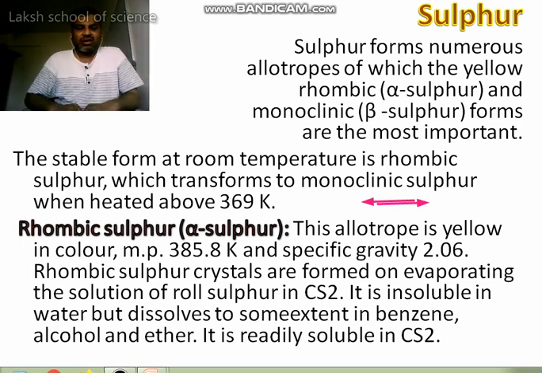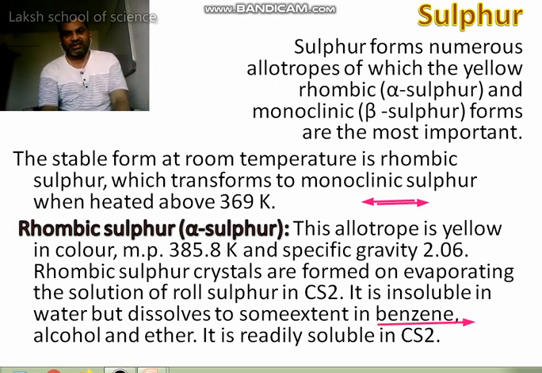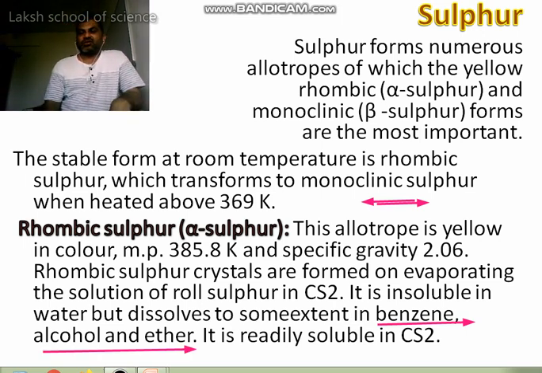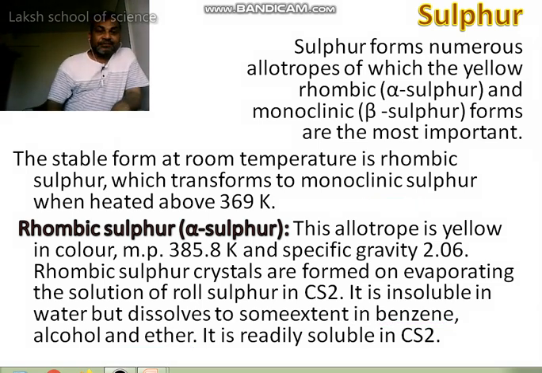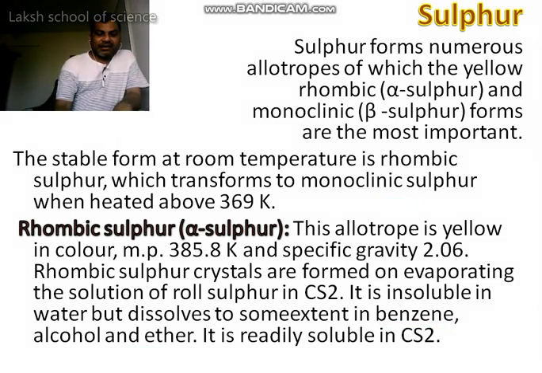So these are known as roll sulfur. It is insoluble in water but dissolves in alcohol and ether. It is soluble in benzene, alcohol, and it is readily soluble in CS2.